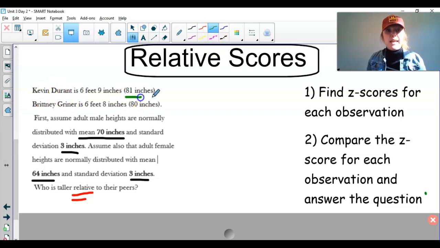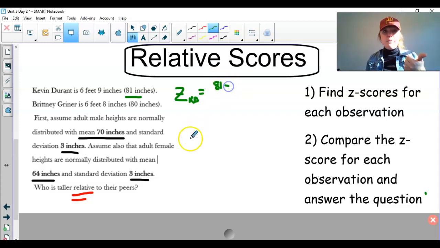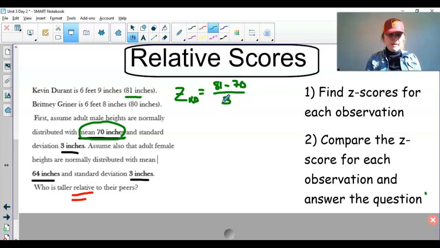Let's find Kevin Durant's z-score first, because that's first that I read. Kevin Durant is 81 inches. So I'm going to put Z, and I'm going to put KD here so I know it's for Kevin Durant, is equal to 81, our observation. Remember, z is observation minus the mean for males, 70, divided by 3. In my calculator, I'm going to type it so I don't mess up my order of operations. If I type it all at once, I want parentheses around that.